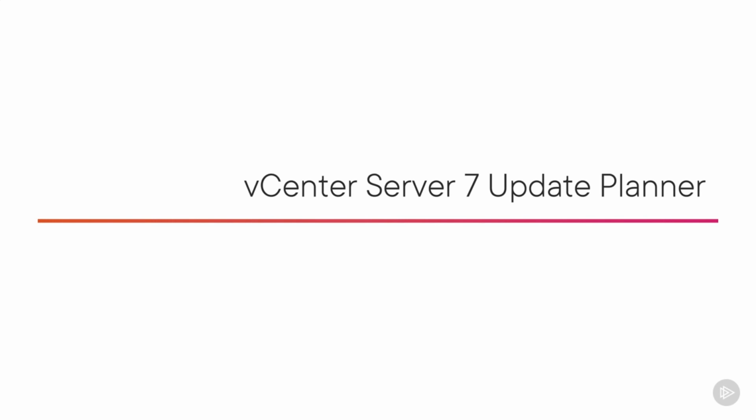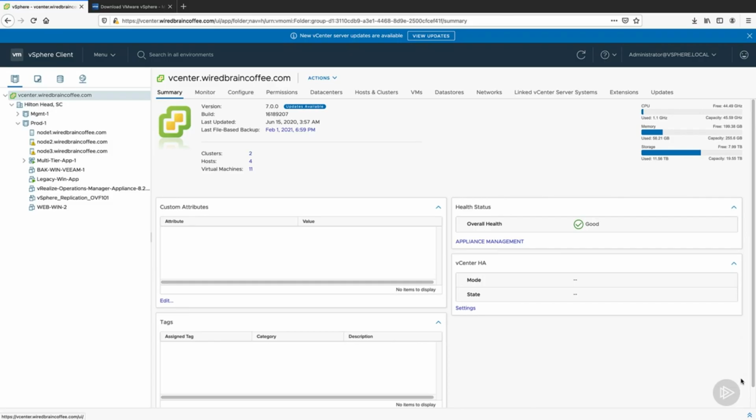A new feature in vSphere 7 is the vCenter Server Update Planner. This is a very handy tool to help ensure that your vCenter server upgrade goes as smoothly as possible. When your vCenter server needs an update, thankfully, you will know it.